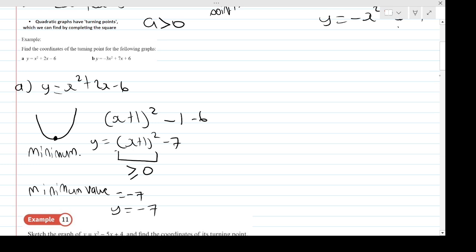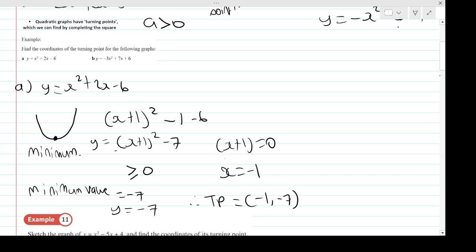Well, when the bracket equals 0, that means x plus 1 has to equal 0. So when it hits the minimum at minus 7, the bracket part containing x has to be 0 for the whole square number to be 0. So then x would be minus 1, and that's your x coordinate. Therefore, the turning point, or TP, is (-1, -7).